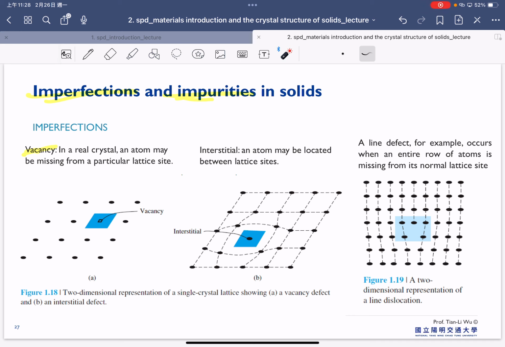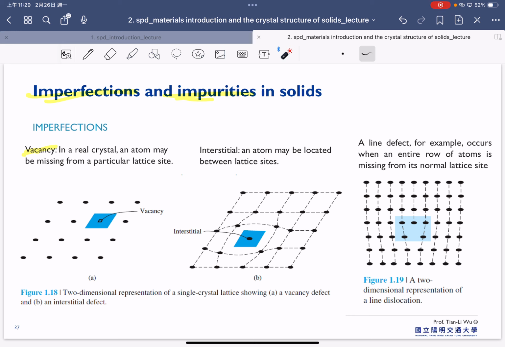And also in daily life, in the bus or the train, you will always look for a vacancy of seats. So in general, vacancy should not be considered a very technical term; it's a term used in our daily life. It just represents an empty place. So in a real crystal, an atom might be missing from a particular lattice site here, so that's the vacancy.